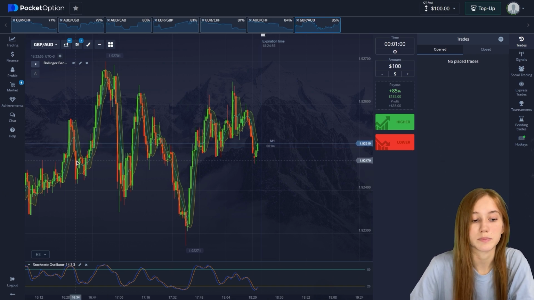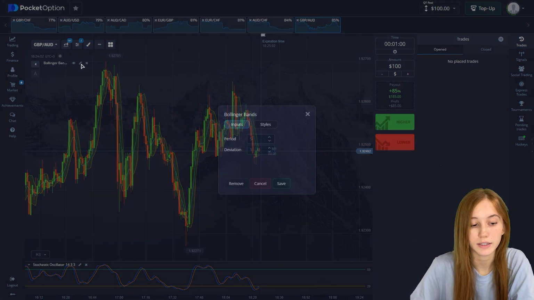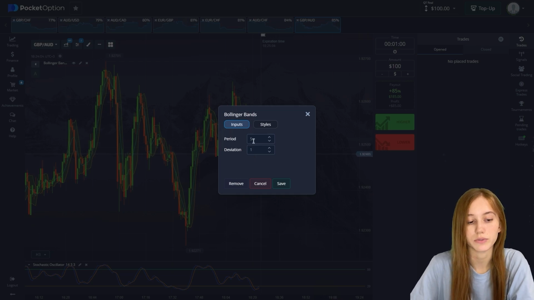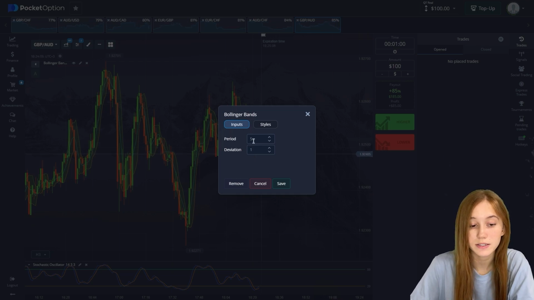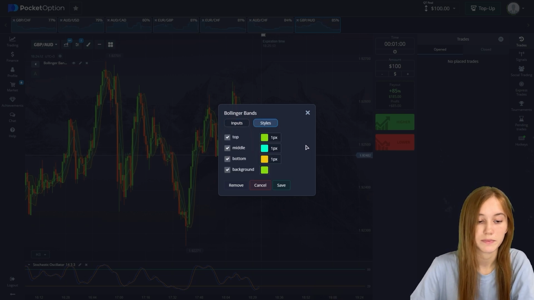Bollinger Bands are displayed on the chart along with price candles in the form of an upper and lower line located around the average of our moving average. This indicator shows the overall volatility and also the direction of our trend.